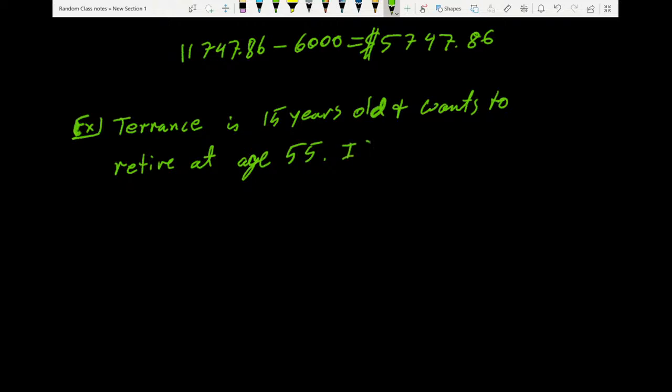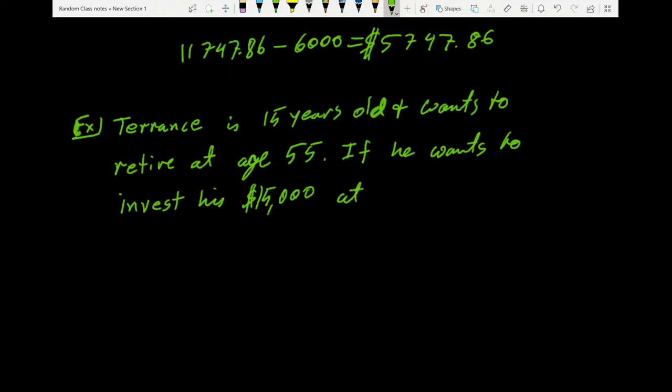So if he wants to invest his $15,000 that he earned from selling that Jordan shoe, and you know how the stock market is going crazy, we're going to use the average rate of return from the stock market. Let's use 11% over the last 40 years.